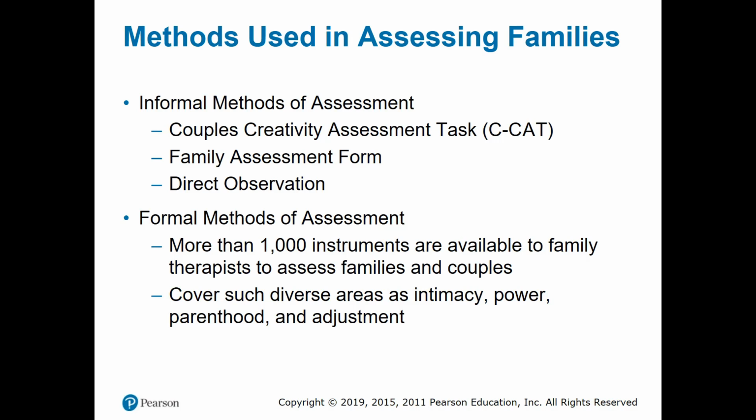They cover such diverse areas as intimacy, power, parenthood, adjustment, communication, all different types of topics as connected to the family. And they all have different methods in terms of psychometric properties, reliability, validity, different roles in research. So it's important to assess your assessment tools as well.